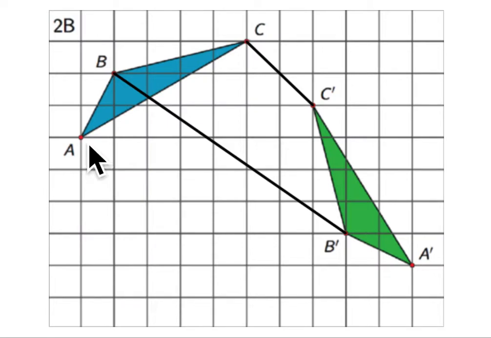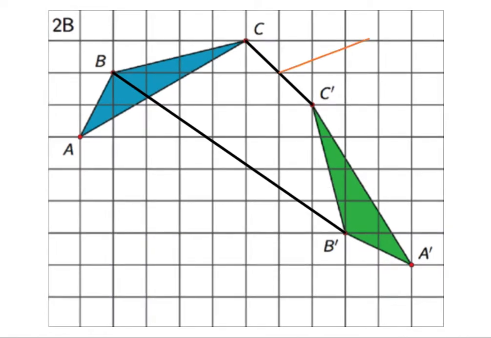I am going to do A to A prime in a little bit, but let's just focus on these 2 first. So your first step is just to connect those points with a line segment, C to C prime and B to B prime. And then the next step is in Doceri, and this is why Doceri is useful. You can locate the midpoint, the middle of that line segment, using Doceri.